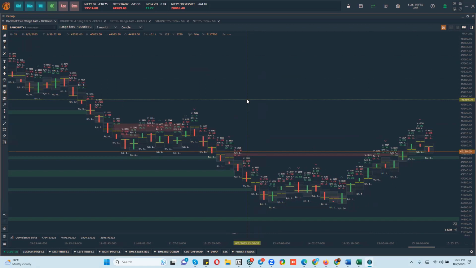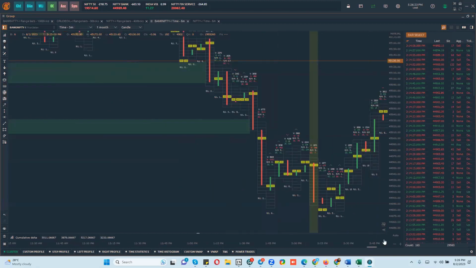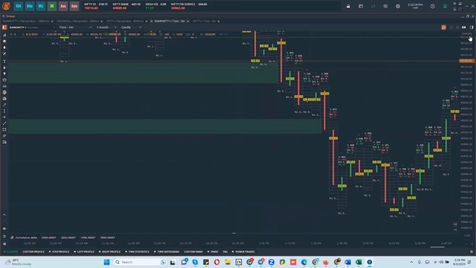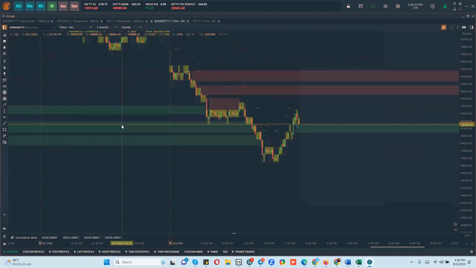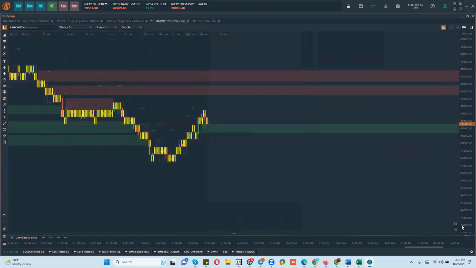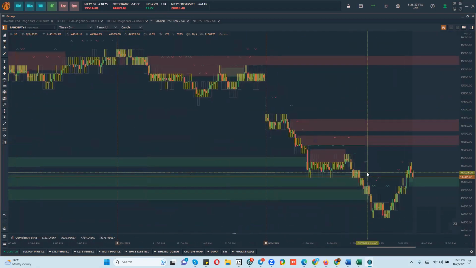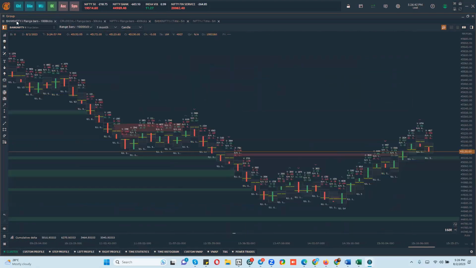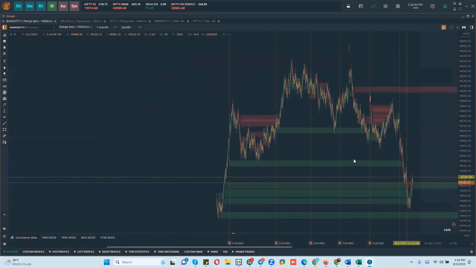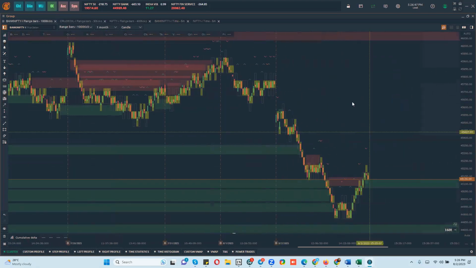The formation of the imbalances will be slightly different as compared to the candlestick charts. For example, if you look at today's chart, you will see a lot of imbalances out here, whereas you will not see all those imbalances here at all.